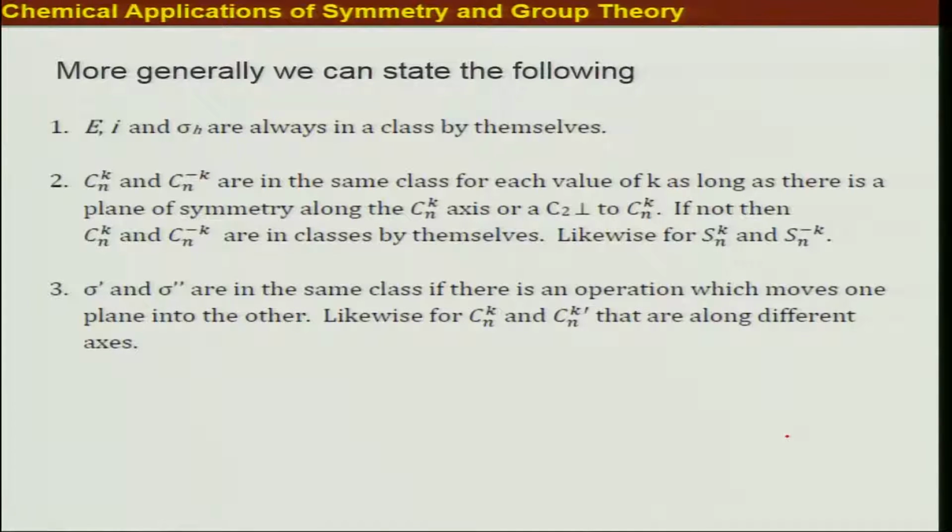So one, we have already seen using that abstract group that identity forms a class by itself. There are certain other symmetry operations which are the elements of the point group. They can also form a class by themselves. One example is identity we have already stated, and inversion and sigma h plane.